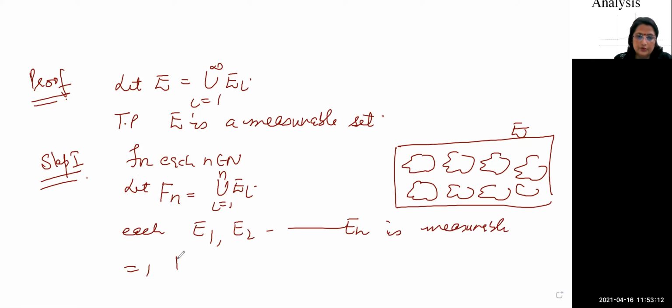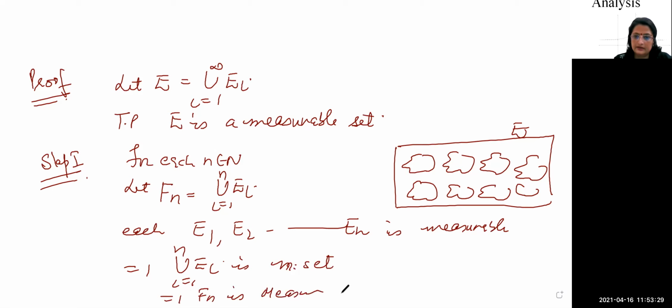It implies, by the previous theorem, that the union i running from 1 to n of Ei is a measurable set. It is defined as Fn. So Fn is a measurable set, right?